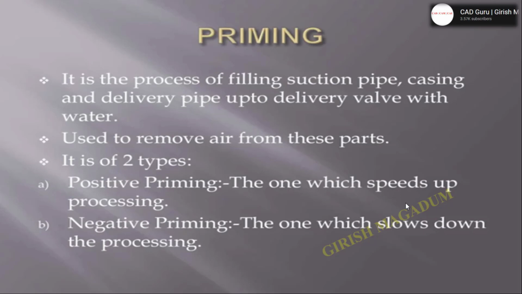What happens is it removes the air from these parts, so that we are able to create the suction inside. There are two types of priming, positive and negative priming. One is for speeding up, one is for slowing down.